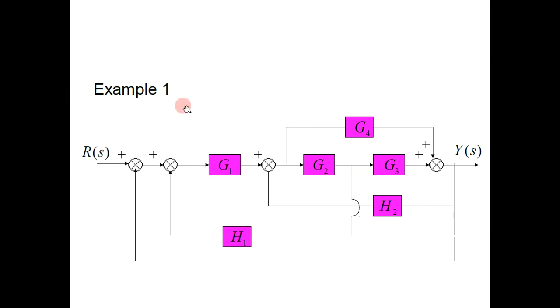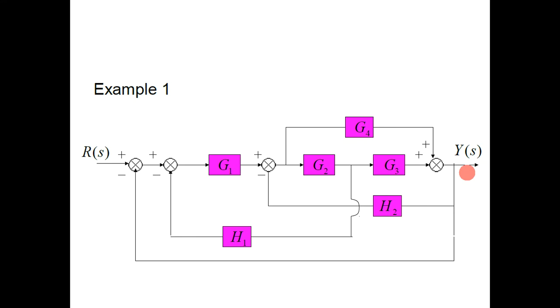So let us go for the example. Now we have to write the transfer function for this block diagram. Whenever a block diagram is given and they ask to find the transfer function, first we have to identify whether there are any parallel blocks or series blocks or feedback loops. First we have to observe whether these three alignments are there or not.